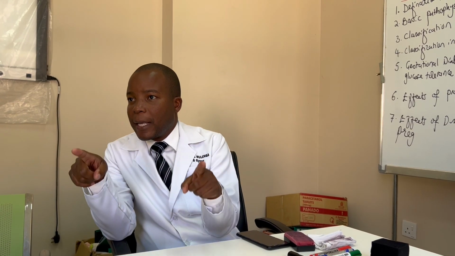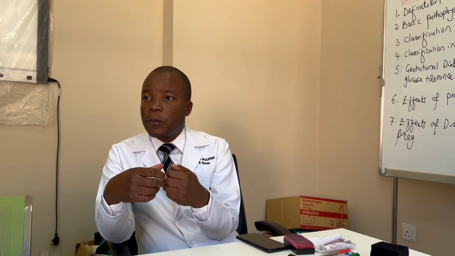So we know that pregnancy is diabetogenic. It likes encouraging diabetes. The reasons are simple. It's because when one is pregnant, there is formation of the placenta. And that placenta produces several hormones.